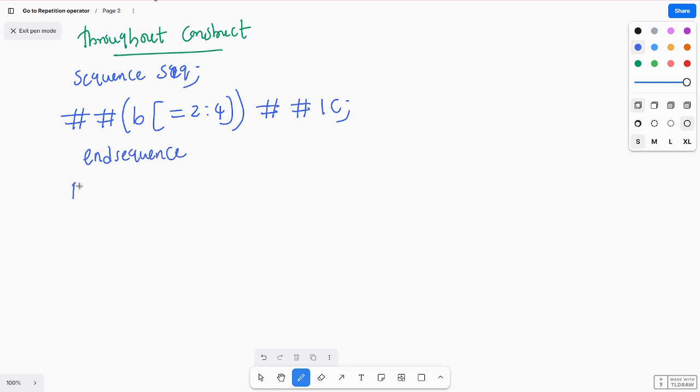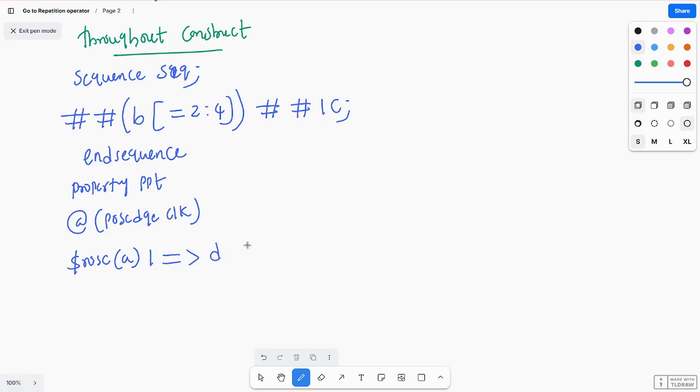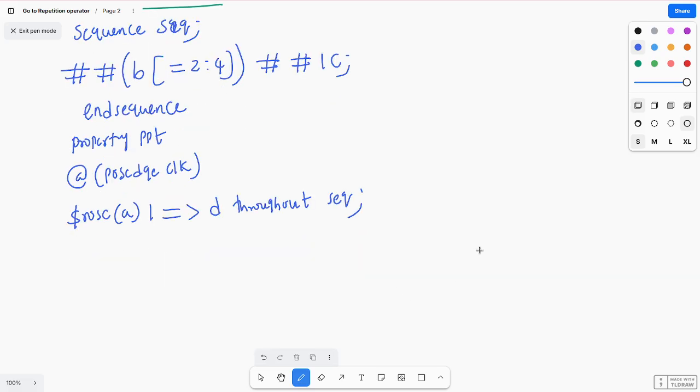Then the property PPT at posedge of clock, I'm using $rose(A) with the non-overlapping implication operator, D throughout sequence. What is the meaning of this?